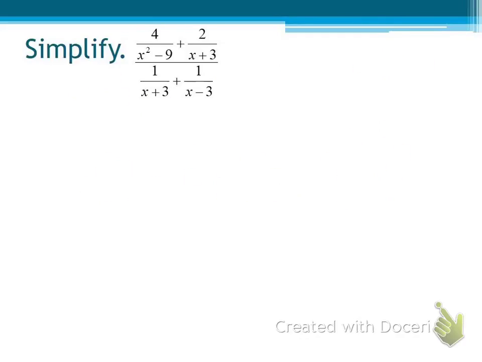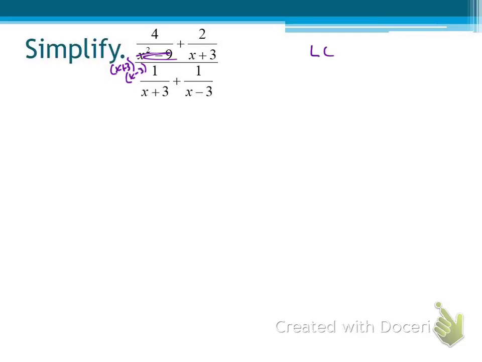Okay? All right. Here, we need to factor. We haven't talked about this in the last examples, but you need to make sure that you factor all of your denominators, including this one. X squared minus 9 would factor into x plus 3 and x minus 3.